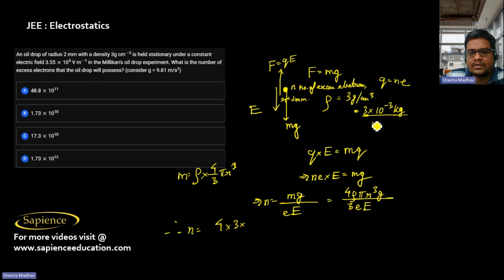So this will be 10 power minus 6 meter cube.